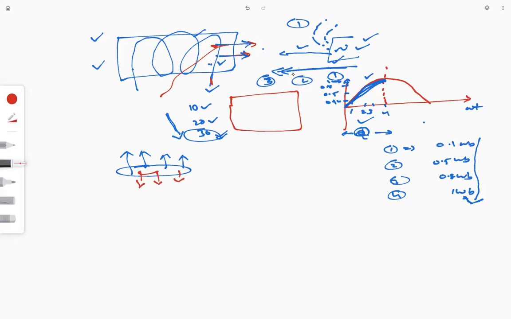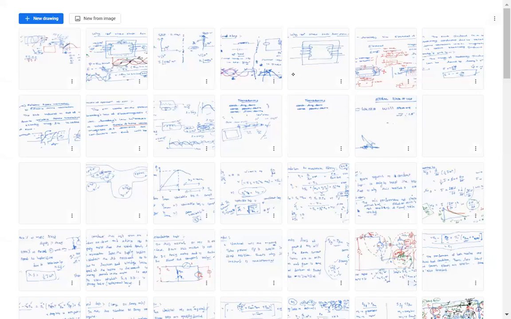Whereas if I take case 2, what does it mean?